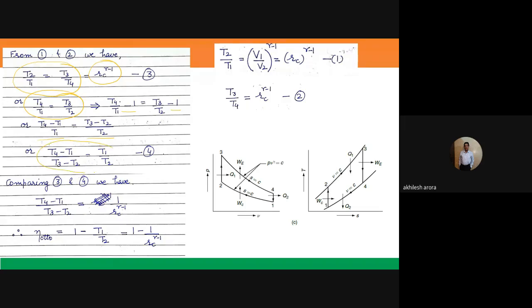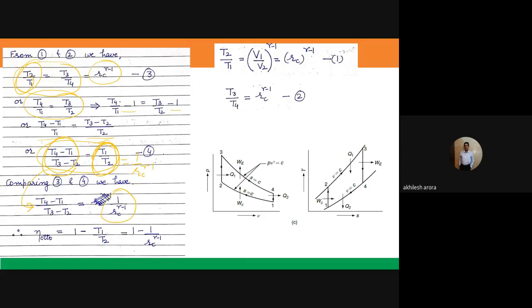And you can see here this is T1 by T2, whereas that is T2 by T1, so this value will be equal to 1 over RC raised to power gamma minus 1. That is why when I write this value T4 minus T1 by T3 minus T2, it comes out to be 1 over RC raised to power gamma minus 1.